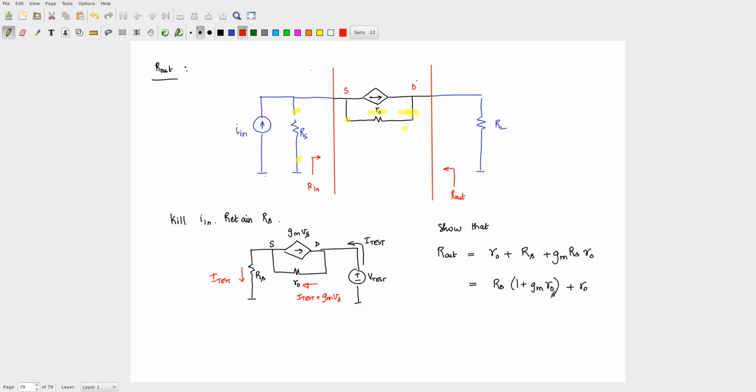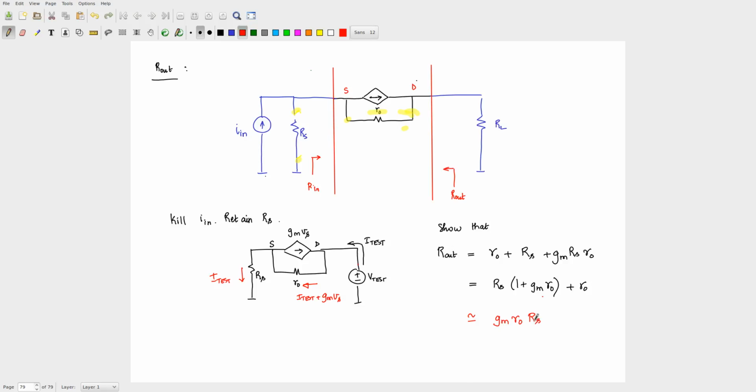So the interesting thing is that this GM R0 you can assume is much greater than RS, right? So this is approximately equal to GM R0 RS. Again now R0 is going to be much smaller than GM R0 RS.